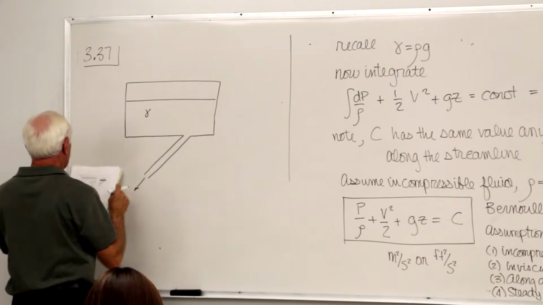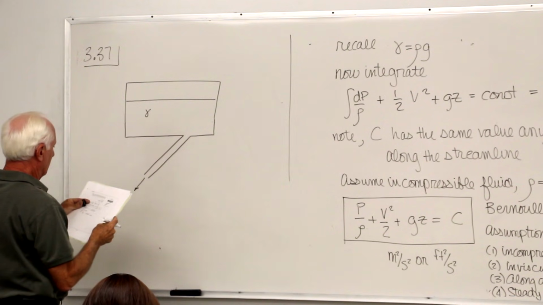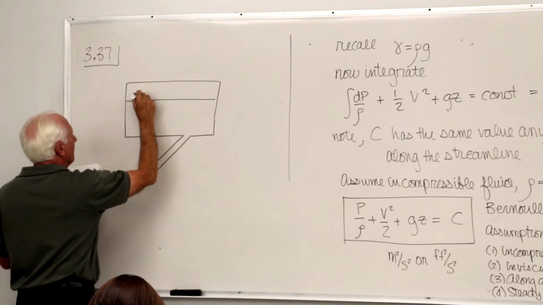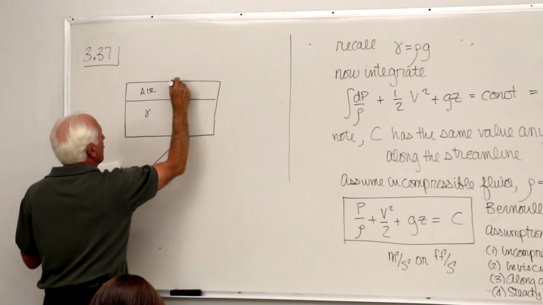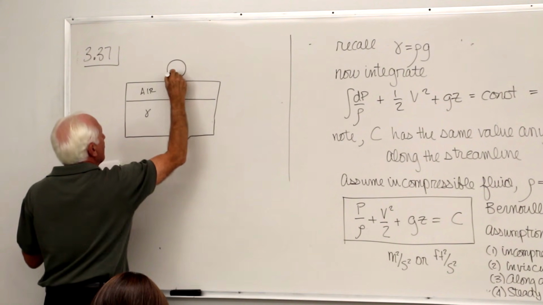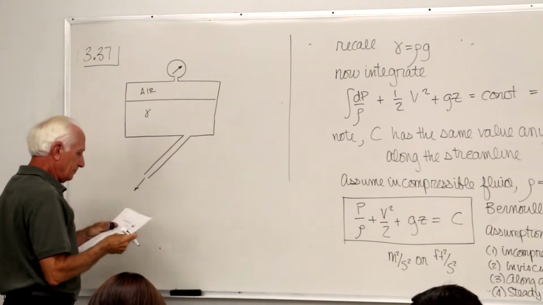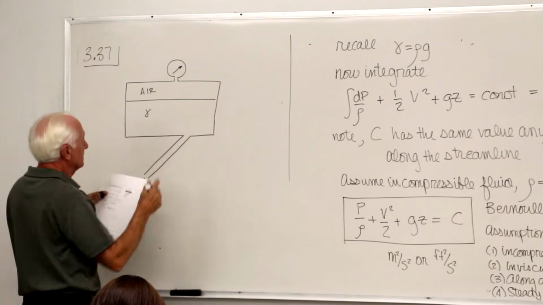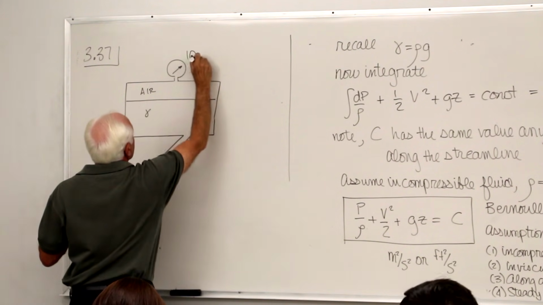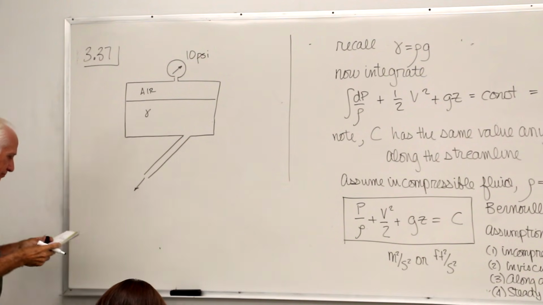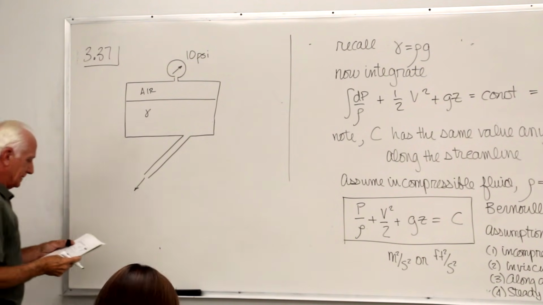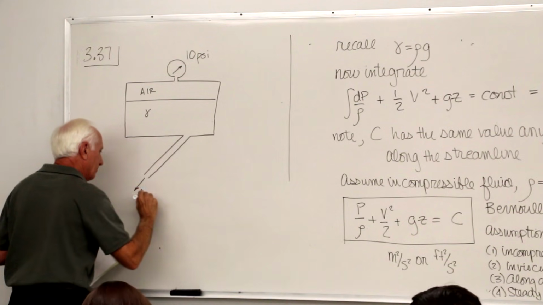Gamma. Pressurized tank, air, pressure gauge, 10 psi. Velocity at the exit 40 feet per second.